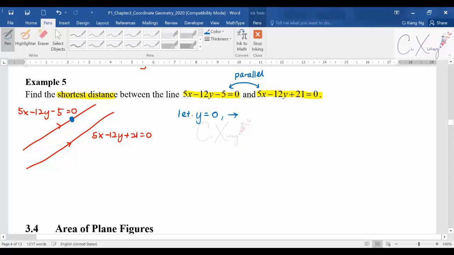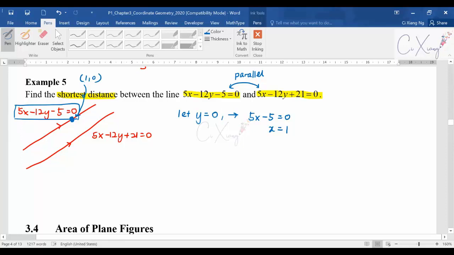Okay, so if you let y equal 0, so for this equation, you let y equal 0. So you have 5x minus 5 equals 0, and therefore your x is 1. So that means if you let y equal 0, you get x equals 1, which means that this particular point here is 1 and 0. Okay, alright.